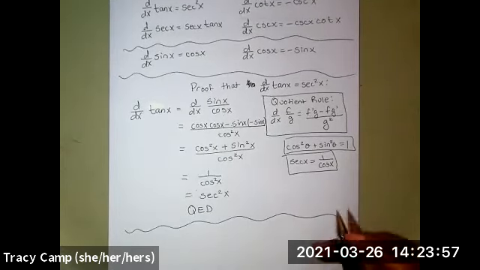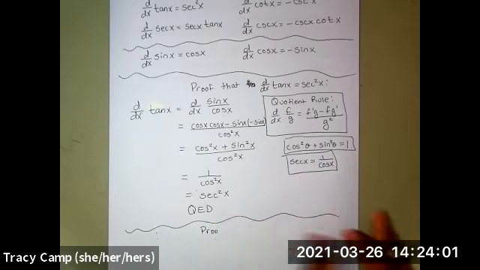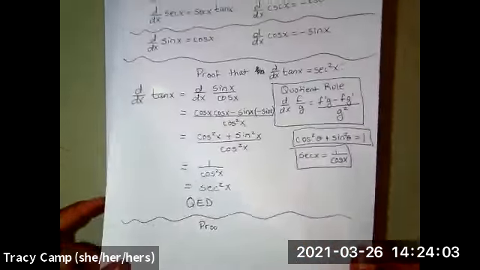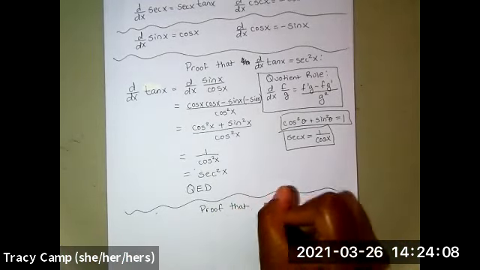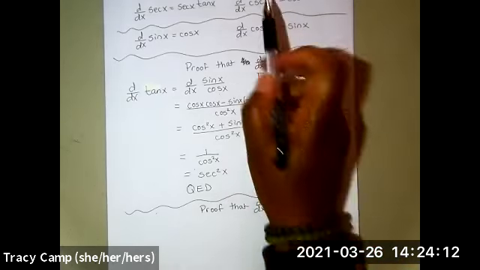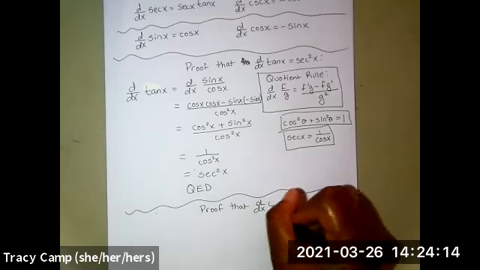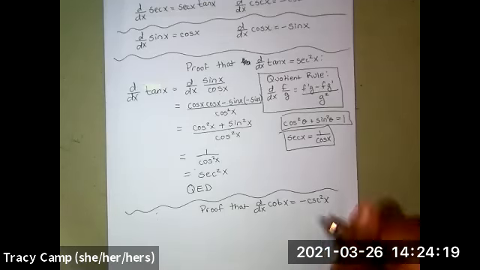So for example, I'll do it on a different piece of paper. Oh, I guess I can fit some of it here. Proof that the derivative of cotangent is negative cosecant squared x.